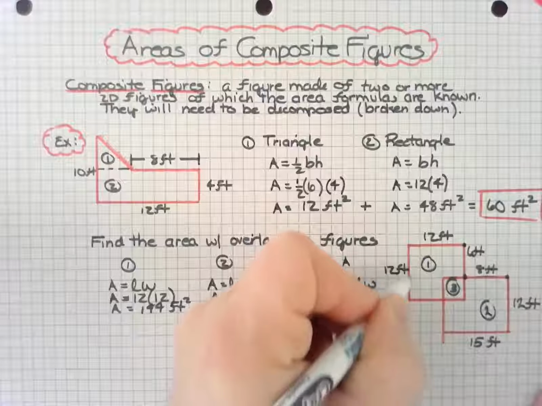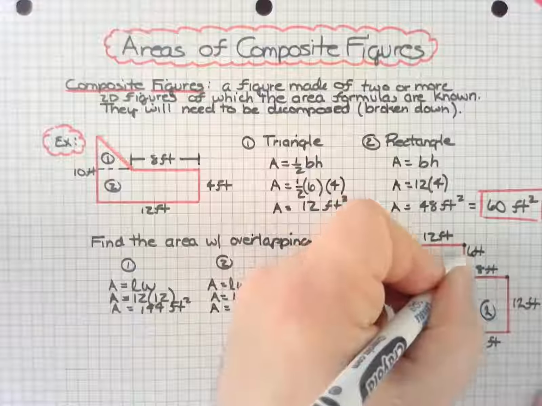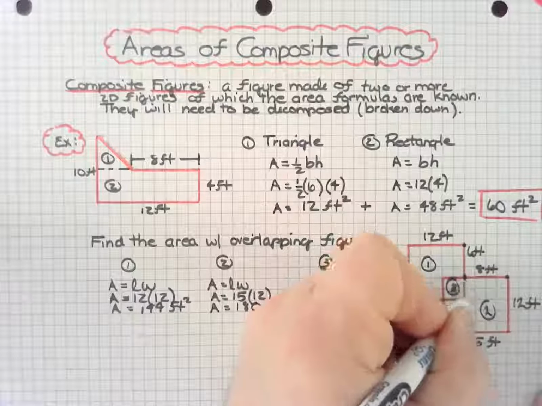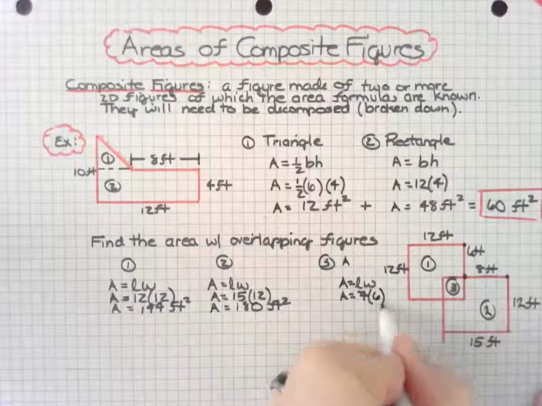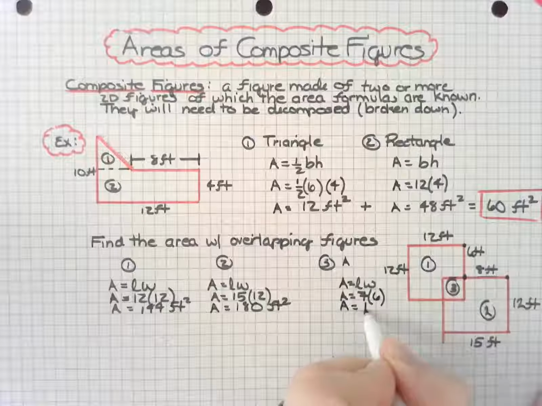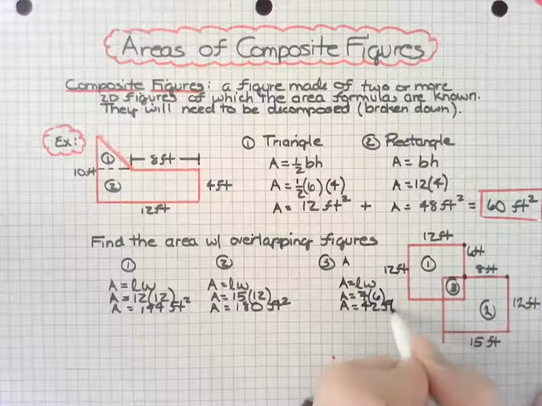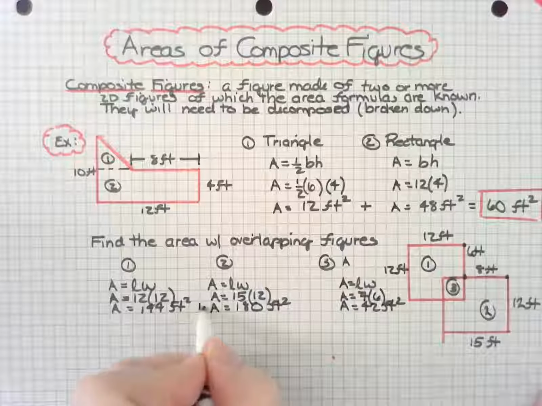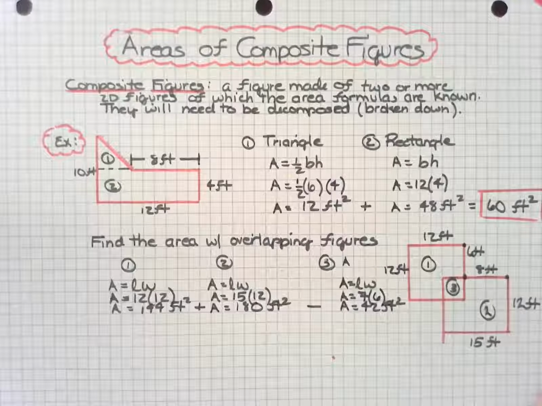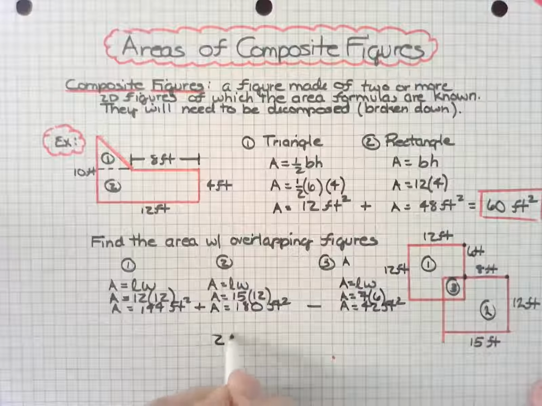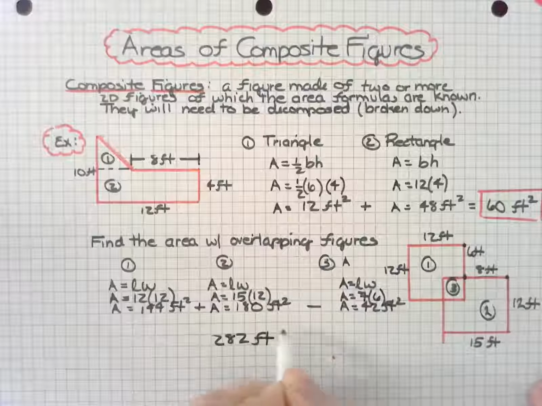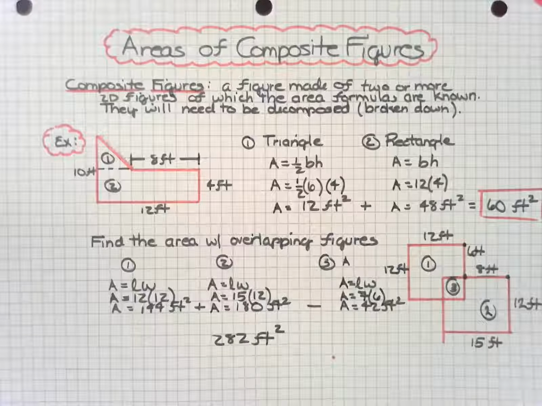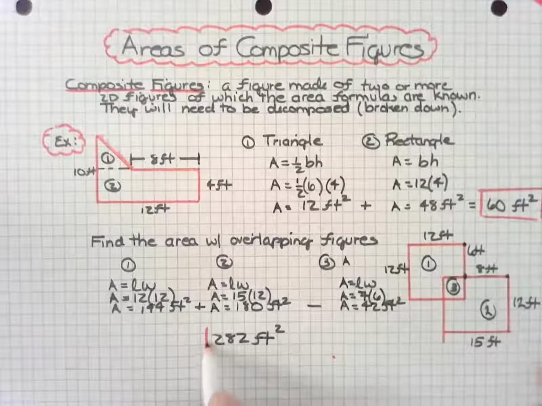Actually, over here I have the total length of 12 because right here is 6. So that means this piece is 6. So I'm going to multiply, and that gives me an area of 42 feet squared. And now I can add these two, subtract out that one, and I get a total of 282 feet squared for the area of this figure without the overlapping piece.